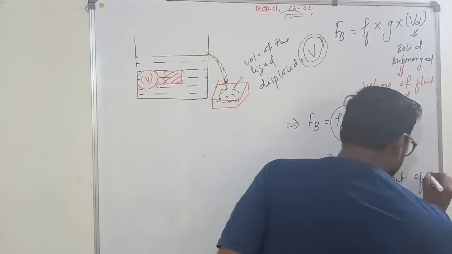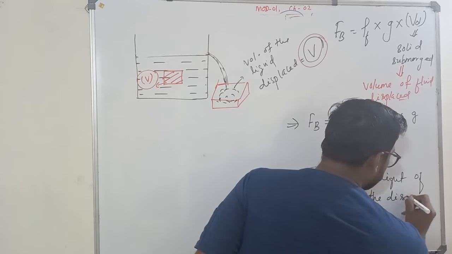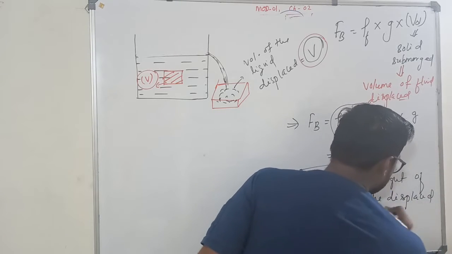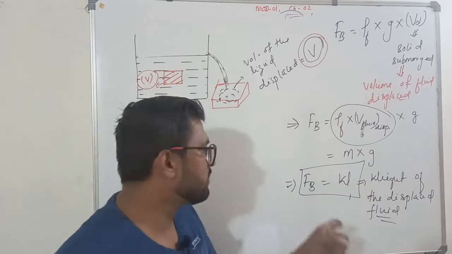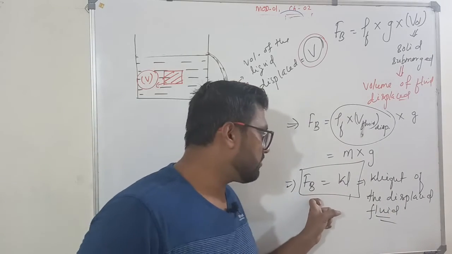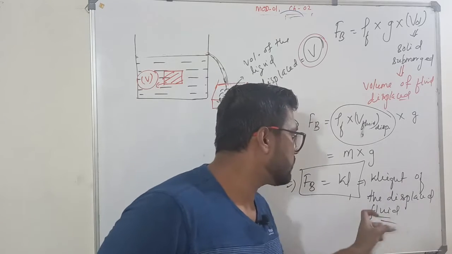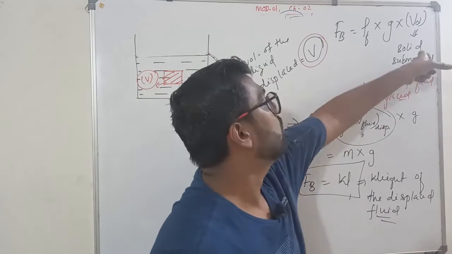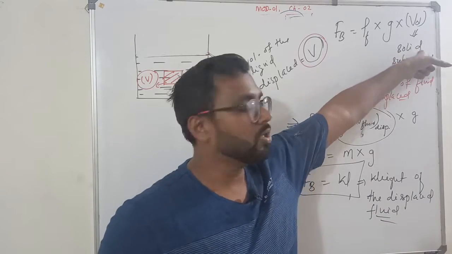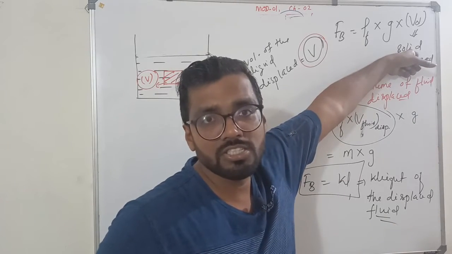Weight of what? Weight of the displaced fluid. So Archimedes told that the force of buoyancy is equal to the weight of the displaced fluid, whose volume is equal to the volume of the solid submerged.